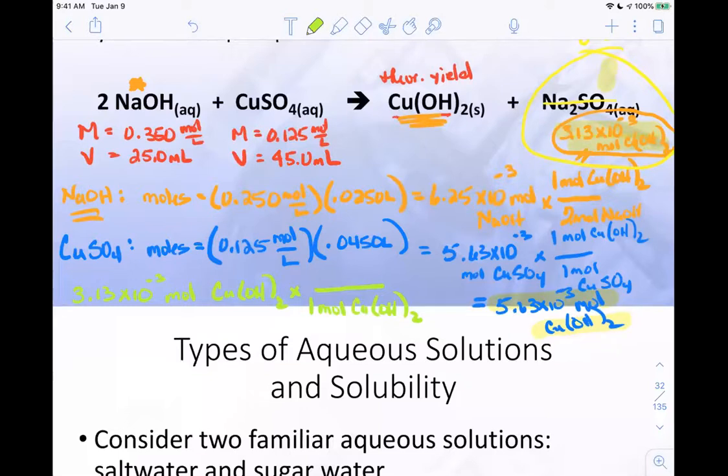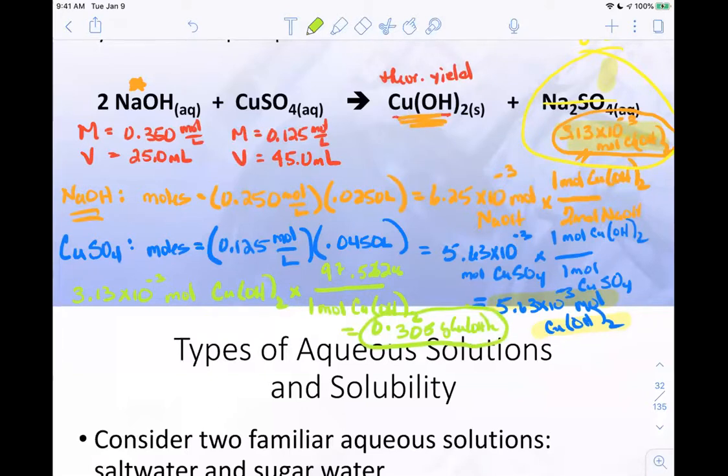I get 97.5262 grams. And then if I do that math, I get 0.305 grams of copper hydroxide.